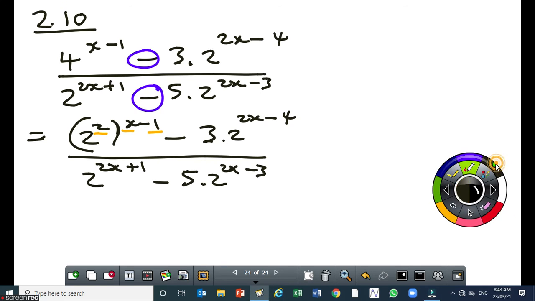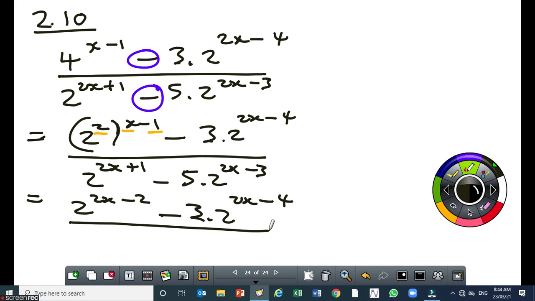So, you end up having 2 to the power of 2x minus 2 minus 3 times 2 to the power of 2x minus 4 all over 2 to the power of 2x plus 1 minus 5 times 2 to the power of 2x minus 3.